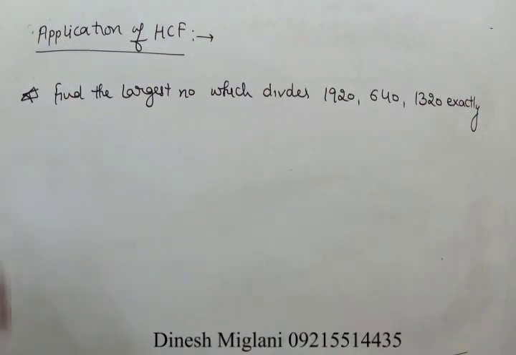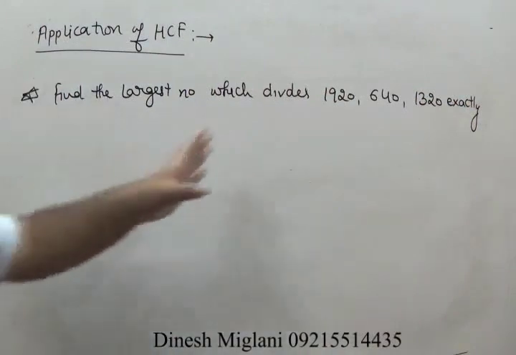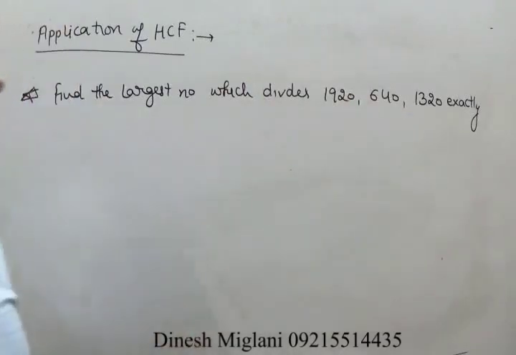When I look at this question, I have to find a number which divides these numbers exactly, which means I have to find the factor of these numbers, and that is the largest. It means I have to find the highest common factor. That is the first application of HCF.